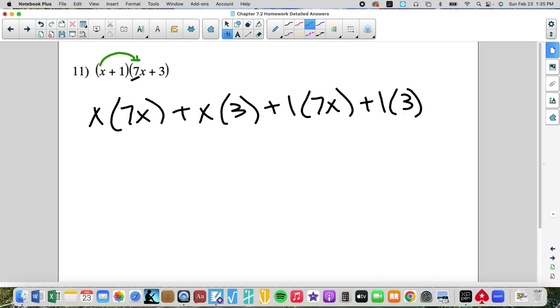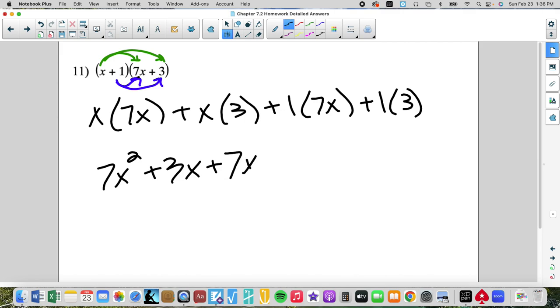That's x times 7x, x times 3, 1 times 7x, 1 times 3. So x times 7x is 7x squared, multiplying like bases. X times 3 is 3x, 1 times 7x is 7x, 1 times 3 is 3. So we get 7x squared plus 10x plus 3.